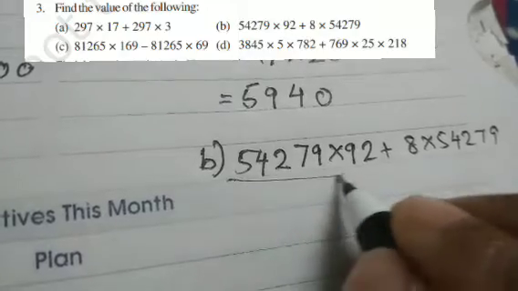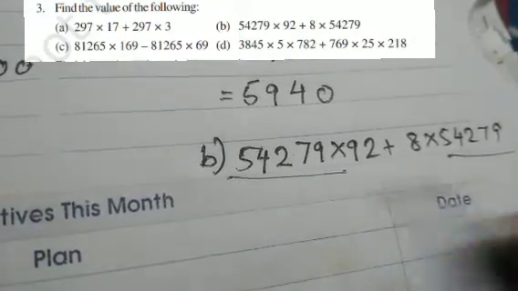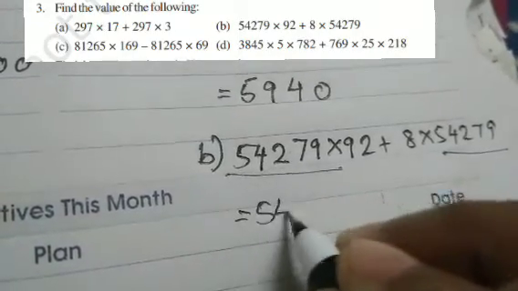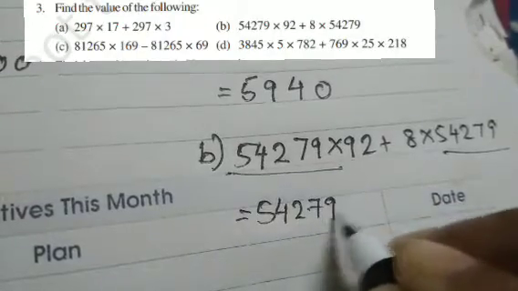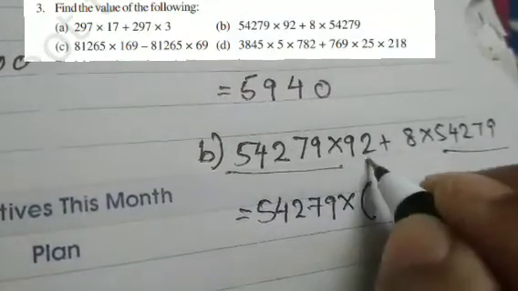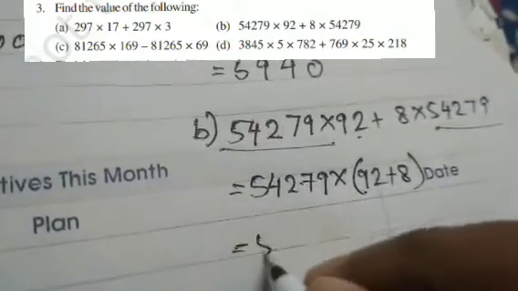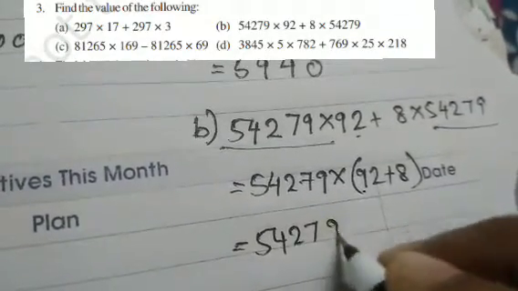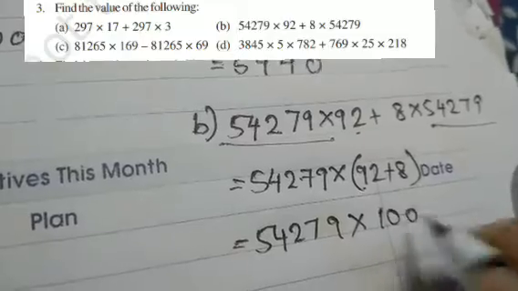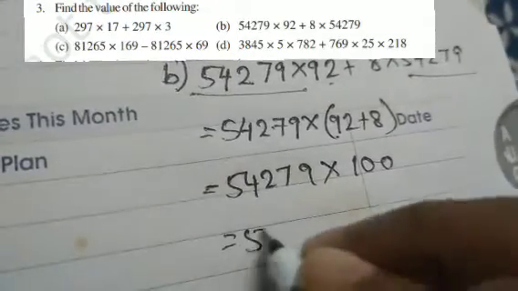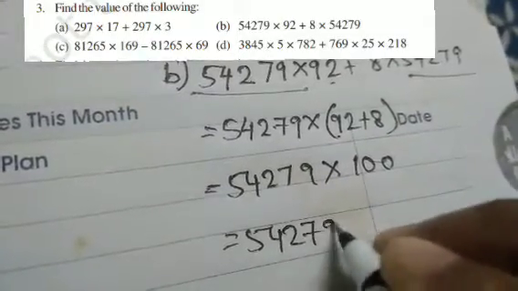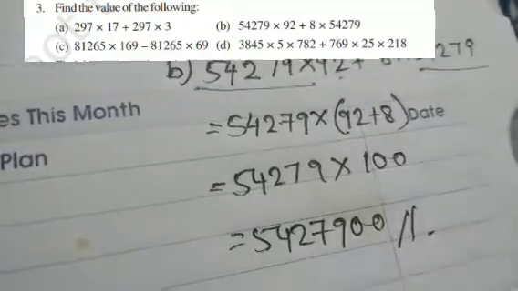So here you see 54279 is the same. So 54279 into, what is left? 92 plus 8. So that is equal to 54279 into 100. So this is 5427900. So that is the answer.